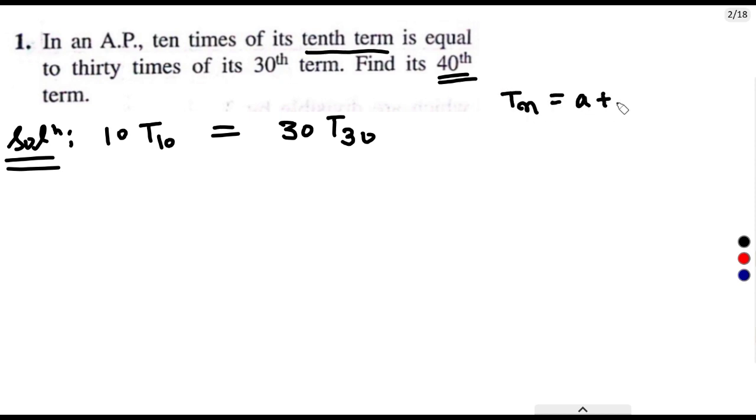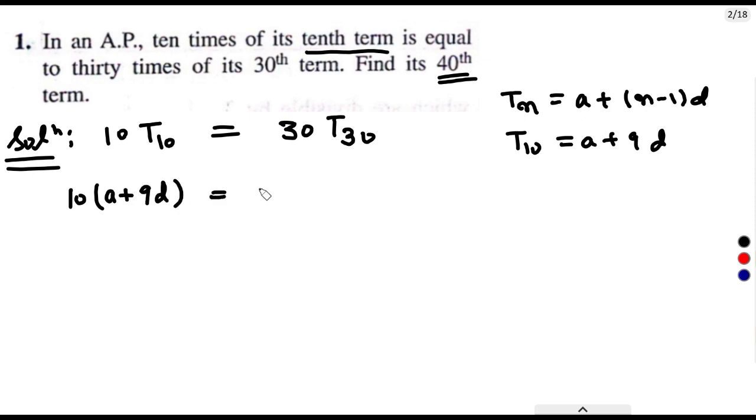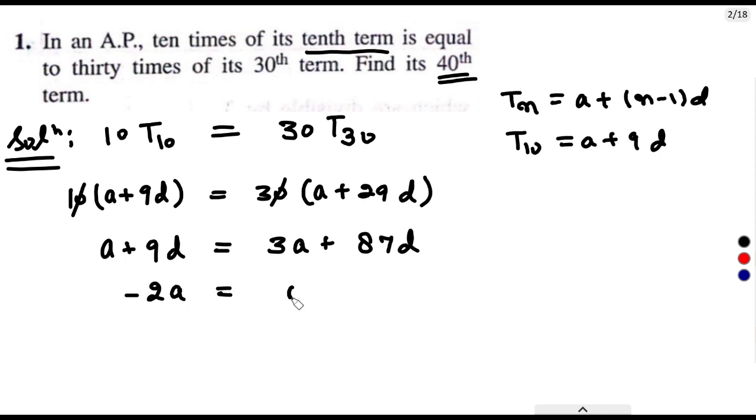Tn is equal to A plus n minus 1 into D. According to this, T10 will be A plus 9D and T30 will be A plus 29D. A is equal to 78 divided by minus 2D, means minus 39D.